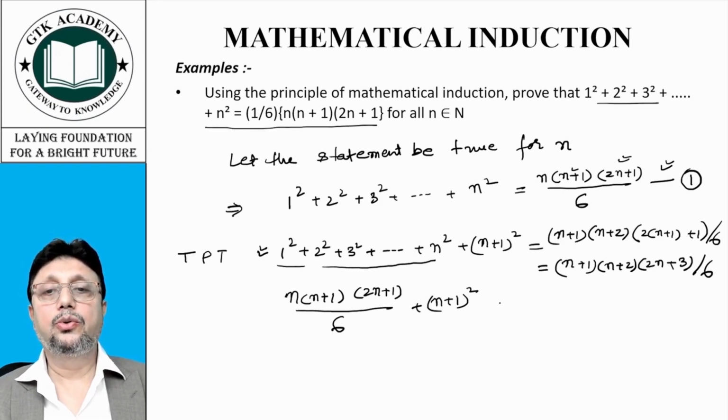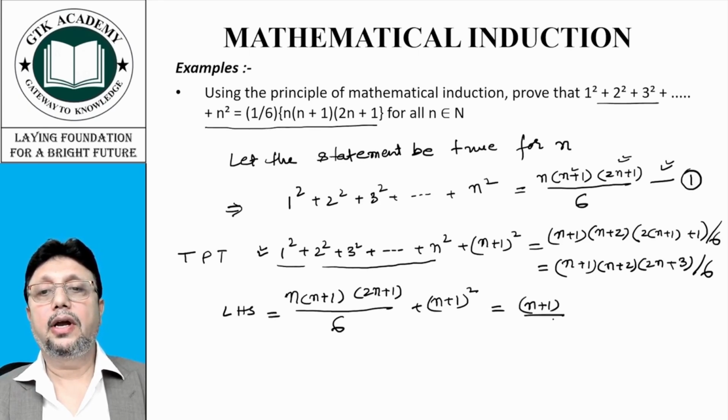This is equal to, you consider this as left hand side. Now take n plus 1 common and 6 as LCM. So what will be the remaining expression?